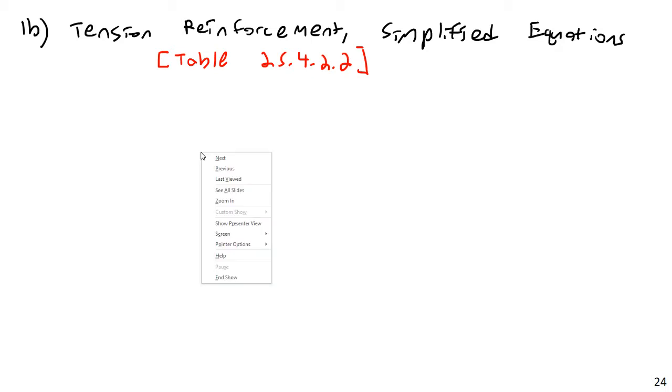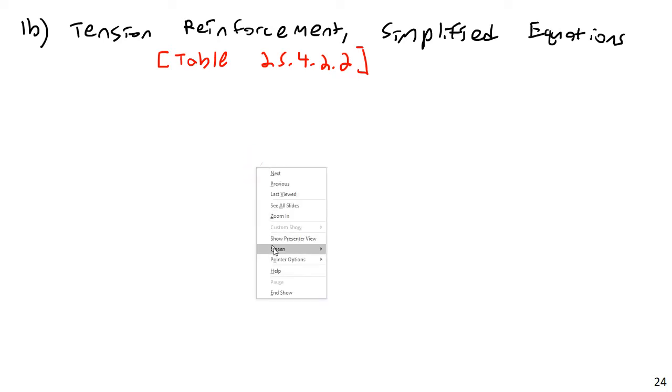In my edition of the ACI code, the 318-14, this is on page 415. It gives us a much simpler version of the equation. It still looks more or less the same, but it's definitely simplified. All of that shear reinforcement, confinement, all that kind of stuff disappears. And basically we have a table that looks like this.